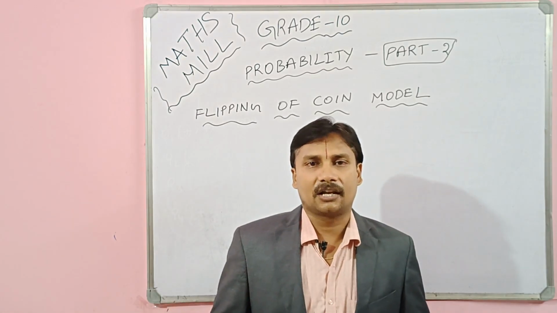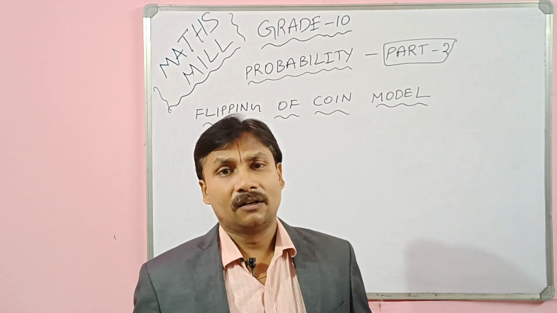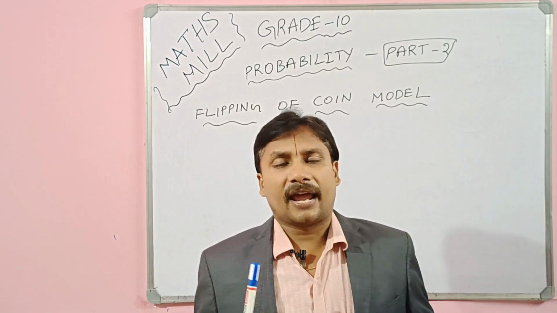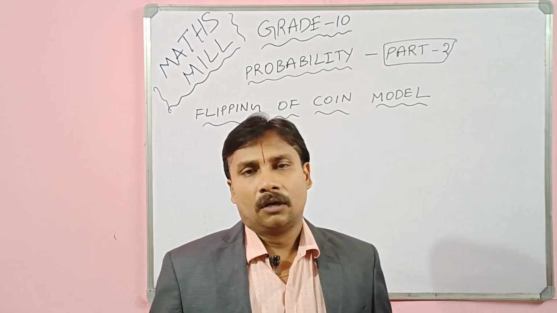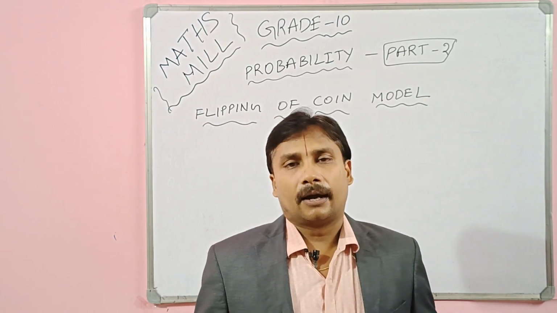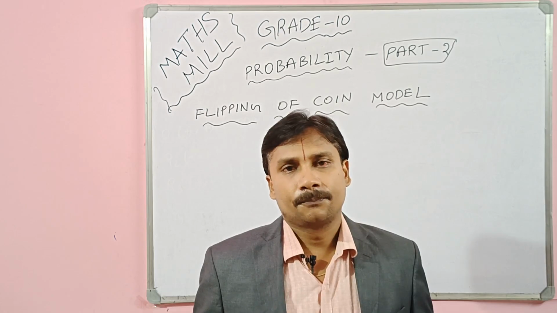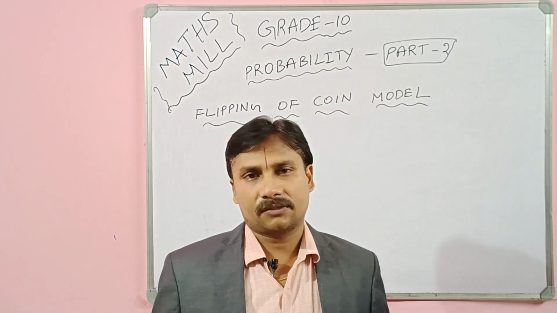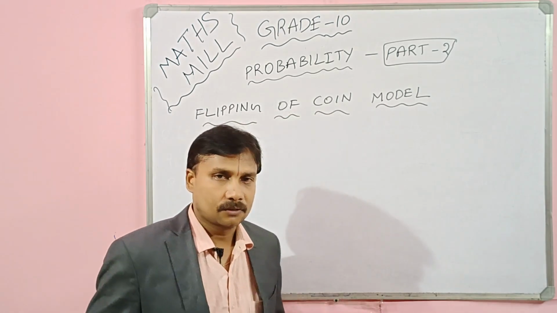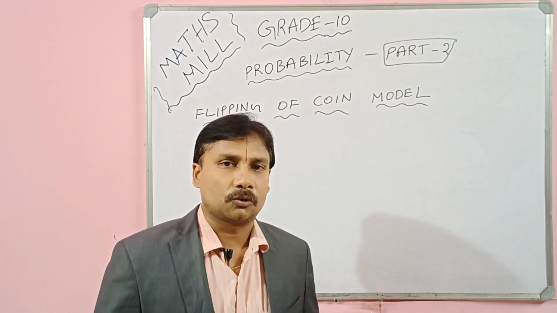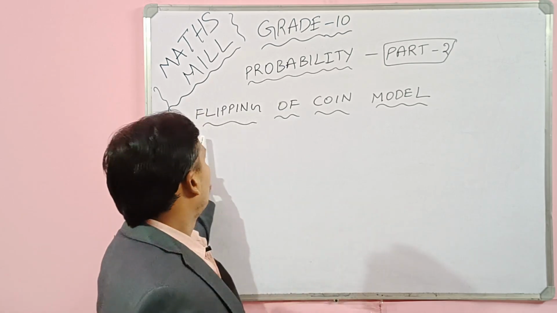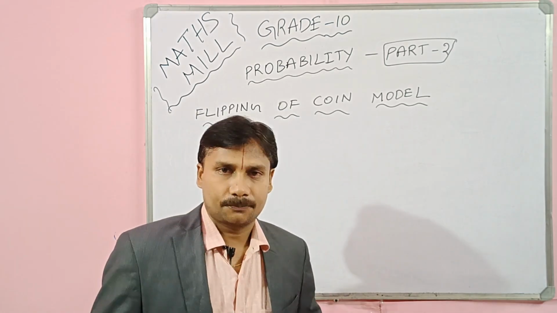As I said earlier, we have the models of probability: deck of playing cards, throwing a dice, flipping of coins, and the general, regular model of sums. In this part 2 video, I am going to discuss the flipping of coin model sums.